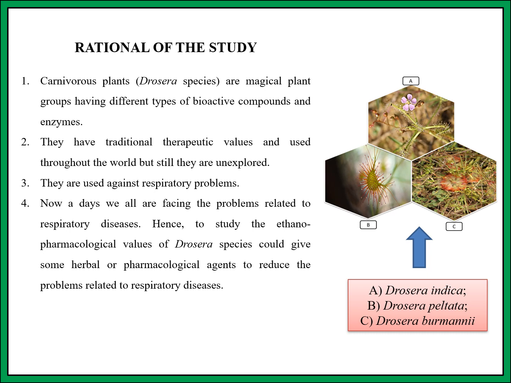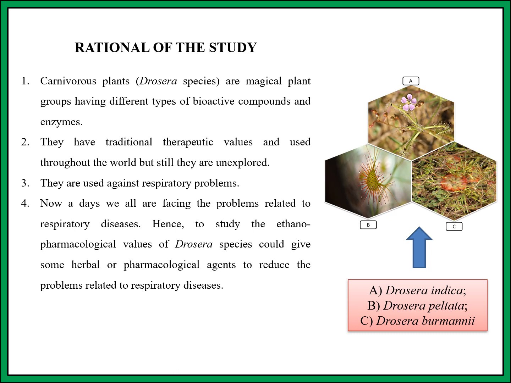They are used against respiratory problems. Nowadays, we all are facing problems related to respiratory diseases. Hence, studying the ethnopharmacological values of Drosera species could give some herbal or pharmacological agent to reduce the problem related to respiratory disease. So this is the rationale and background of the study.